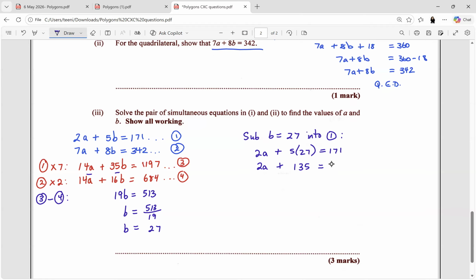So that means 2A plus 135 is equal to 171. And then that means that 2A will be 171 take away 135, which gives me 36. So 2A is equal to 36. And so A is equal to 36 divided by 2, which makes A equal to 18. All right, so the final answer is A is equal to 18 and B is equal to 27.